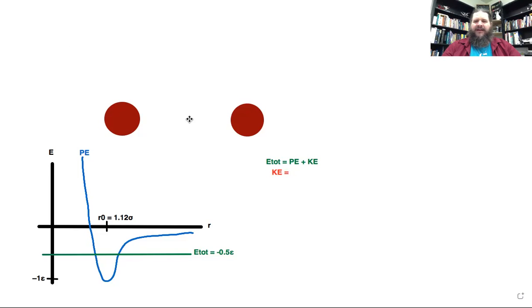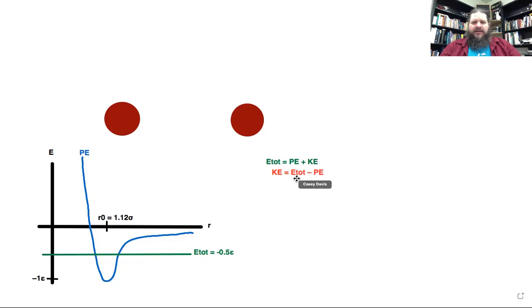How would you isolate kinetic energy in that equation? It would be E total minus the potential energy. Right, E total minus the potential energy. Regarding minimum kinetic energy and maximum potential energy, the problem is potential energy doesn't have a maximum. The potential energy graph just keeps going up and up forever here. So there isn't really a maximum potential energy.